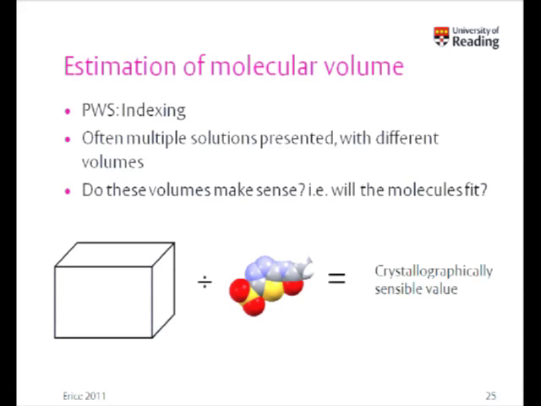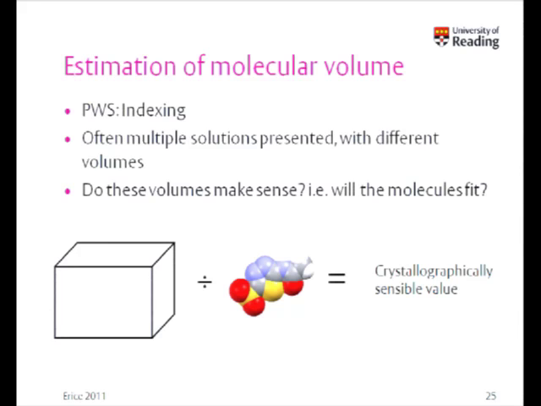What I tend to do with molecular organics, particularly with stuff done in the lab, where the indexing figures of merit may not be as high as you would get from the synchrotron, and you have multiple possible candidate solutions, is the first thing that I do is look at the molecular volume and ask, does that volume make sense? So your indexing gives you a unit cell, which is a certain volume.